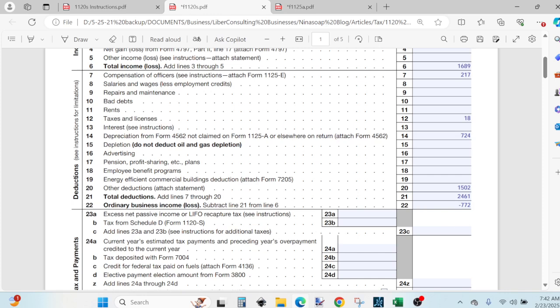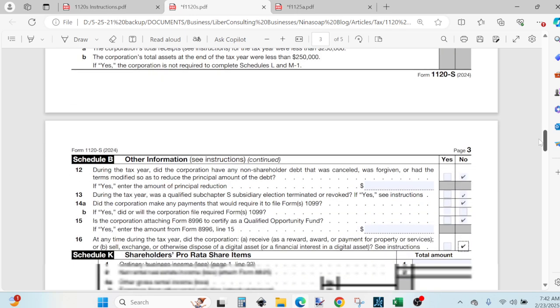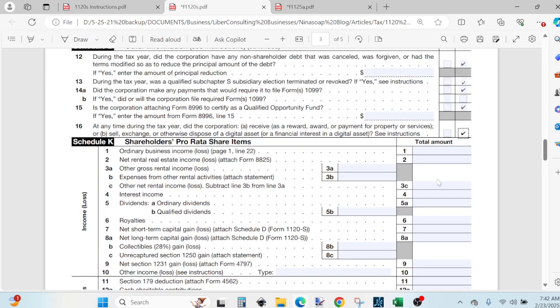If you are using the software, once you have that number there, the software will calculate for you, automatically put it on Schedule K, and divide it between the owners based on their share ownership percentage. So here we are going to have negative 772.